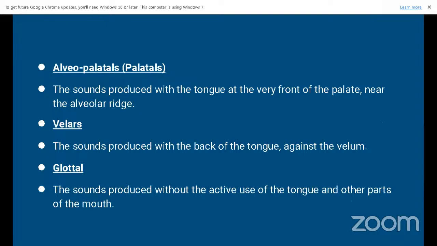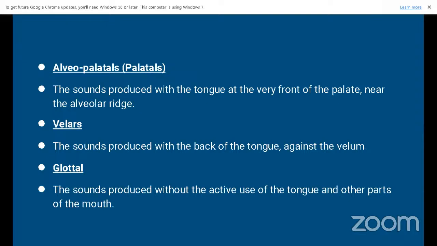Place of articulation. Which are the places involved in producing these sounds? Manner of articulation is what? Plosives, affricates, fricatives. How is the air released? Is it partially released, completely released, or completely stopped?